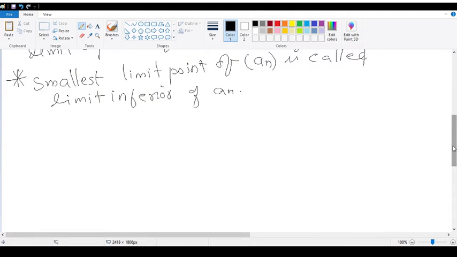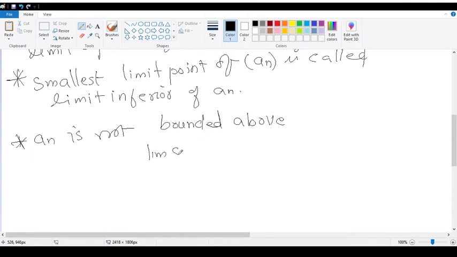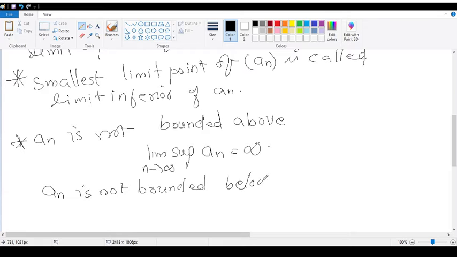If an is not bounded above, we can write limit superior of an is infinity, and if an is not bounded below, limit inferior of an is minus infinity.